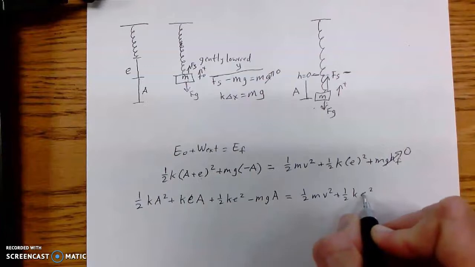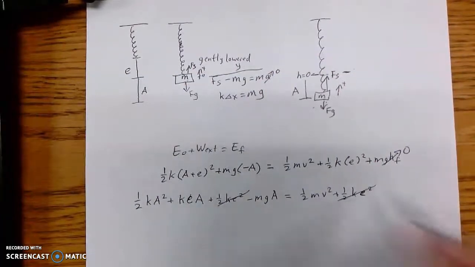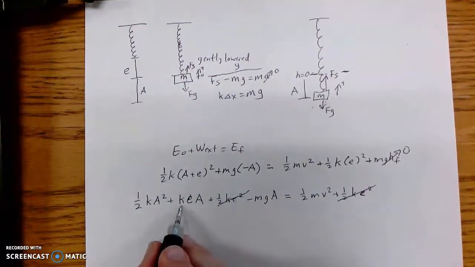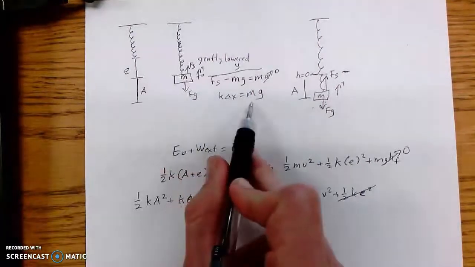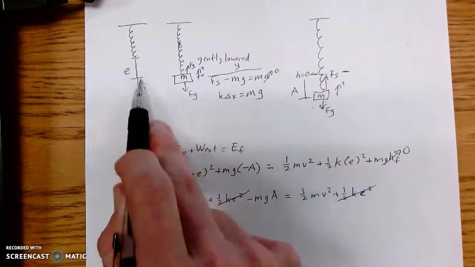And the first thing to notice is these 2 terms are the same. So I can subtract them from both sides. They go away. But there's something else interesting to notice. This kE. Well, back up here when I had k delta x equals mg when it's just hanging, E is actually that delta x where it hangs.